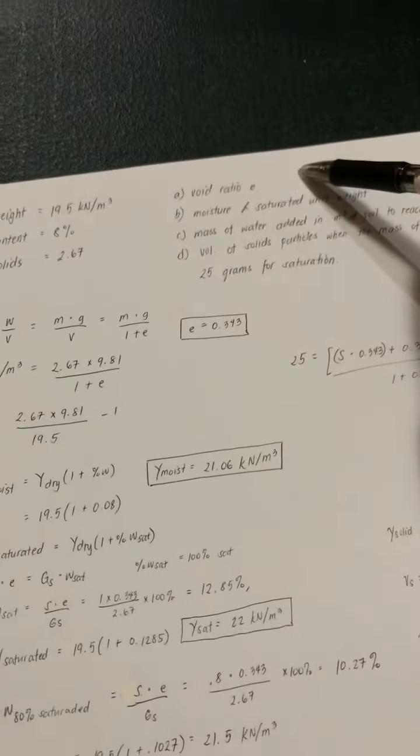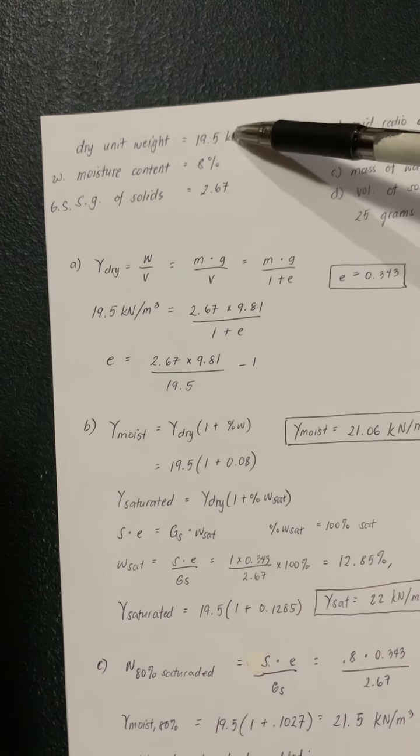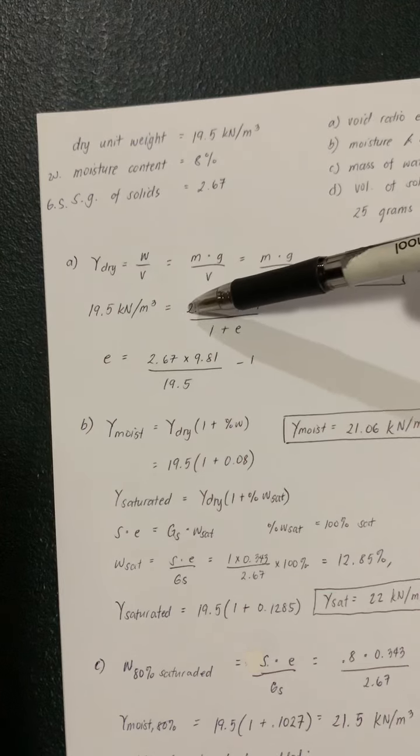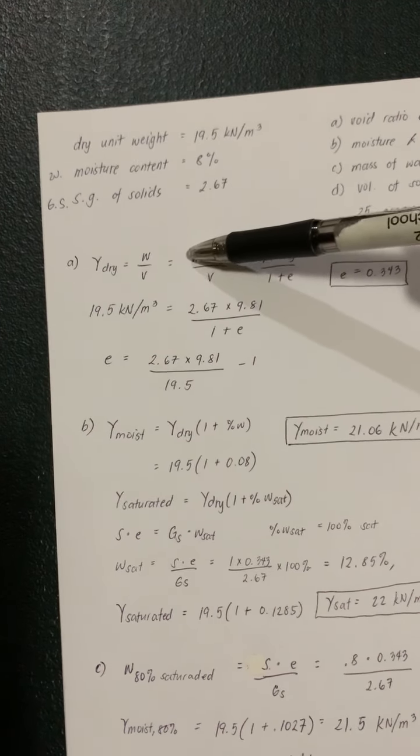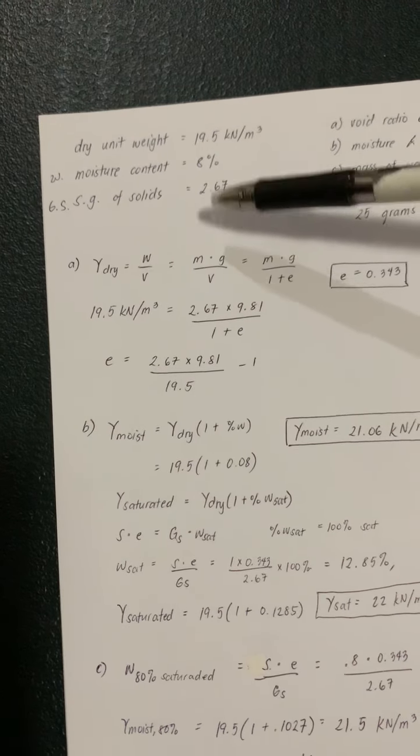by obtaining the void ratio, I had to get this formula. So the formula for the dry weight, and what I did was I substituted the 19.5 kilonewtons per meter cube and equated it to the weight over volume.